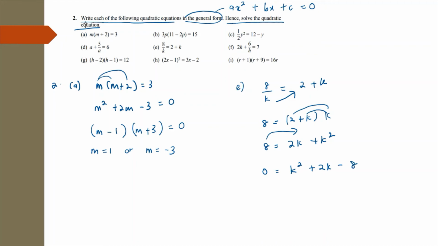If you are not familiar with this one, you can bring 0 over here, just change the position. We will get k squared plus 2k minus 8 equal to 0. So by using your calculator, we can find k is equal to 2 or k is equal to -4. Don't forget to write brackets before you write your answer. Positive becomes negative (k - 2), negative becomes positive (k + 4). Alright.